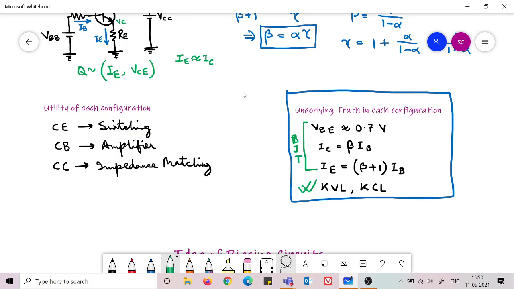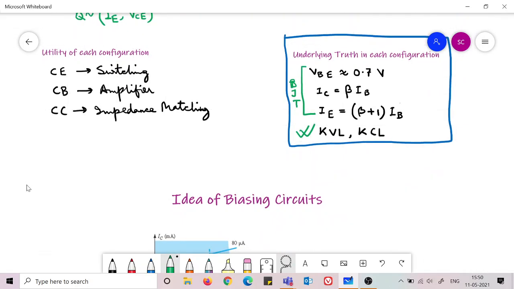So what it exactly is, that is also we don't know. So we will cover that also, I hope to. Let's see. So this is used in impedance matching. So there are these 3 uses of the transistor, different configurations in different use cases.